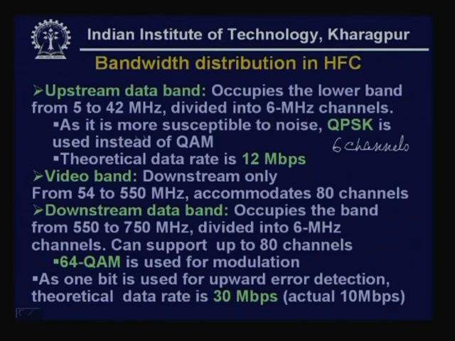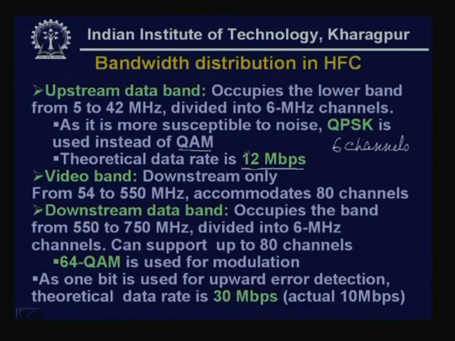As it is more susceptible to noise, QPSK is used for modulation instead of QAM, because amplitude modulation, as you know, is prone to error whenever there is noise. So, since it uses QPSK, you can have only 12 megabits per second.